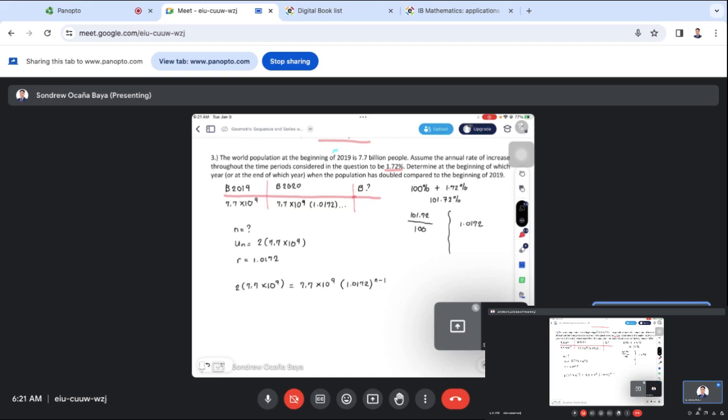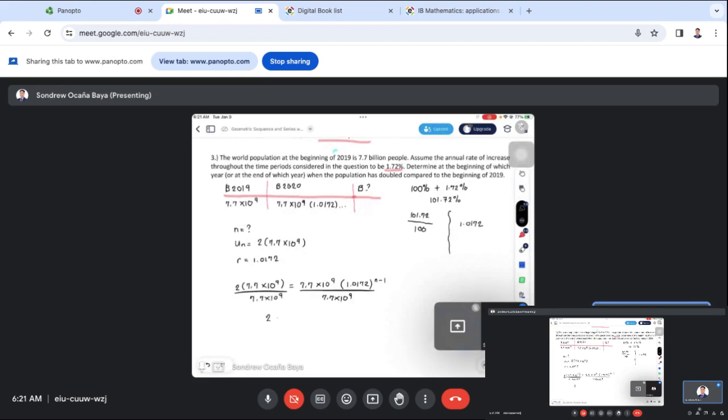Do some math before you do GDC. Divide both sides by 7.7 times 10 power of 9. This gives us 2 equal to 1.0172 raised to n minus 1.